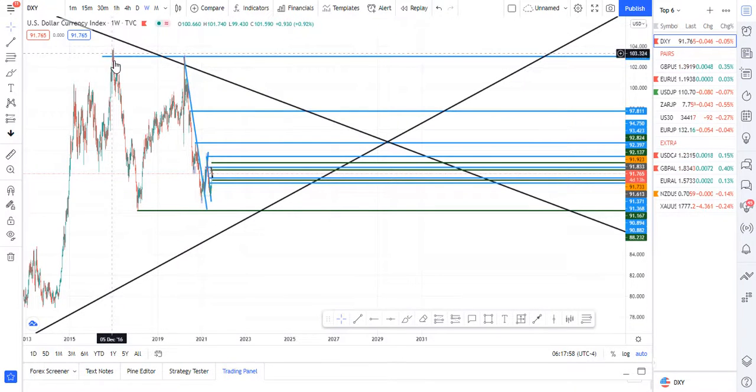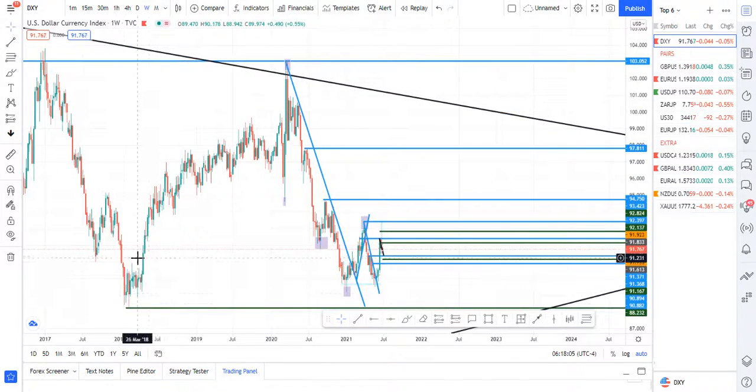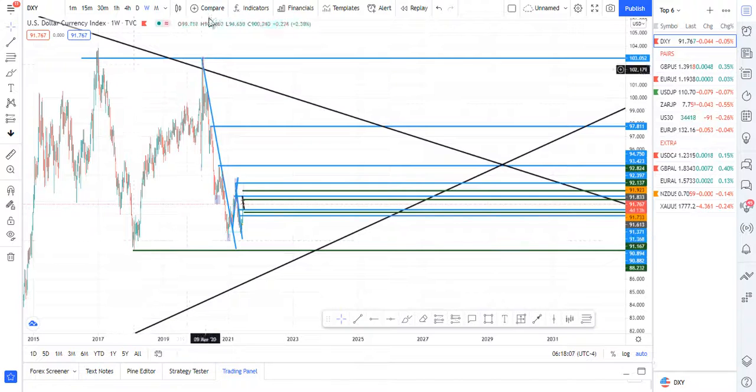So here it was a false breakout, it came back, then price reacted the way it did here, then it went up, then price reacted on the resistance and came down.